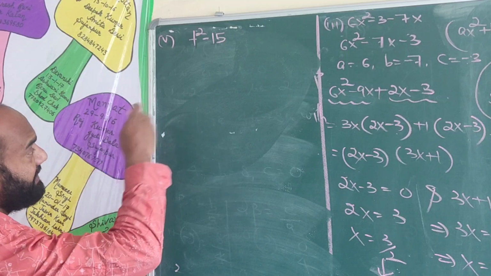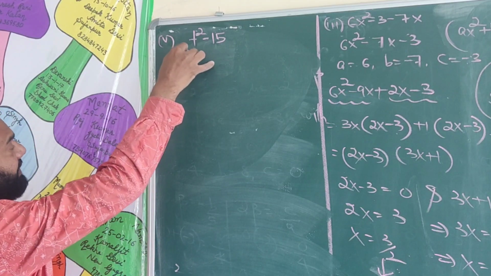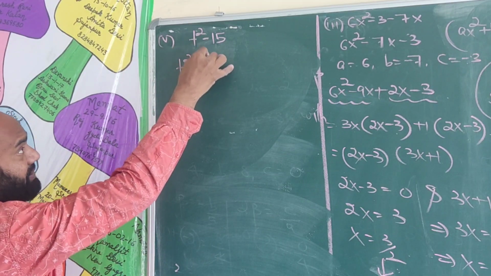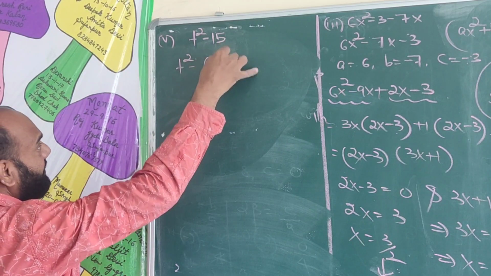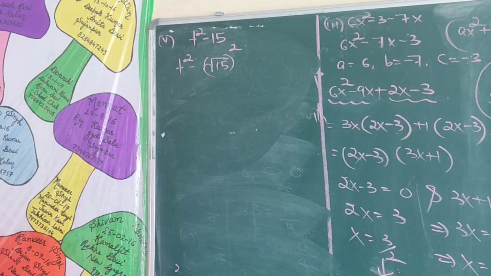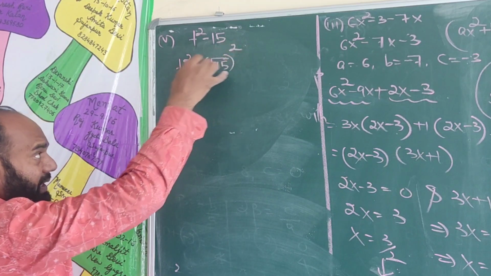To solve this question is very easy. It will be factorized directly because 15 can be written as root 15 whole square, because square and square root always cancel out.